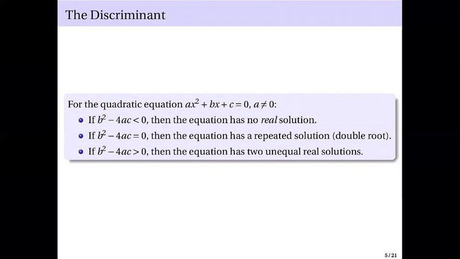So we have at least two ways of solving quadratic equations. Another way of solving the quadratic equation is via factoring. For instance, suppose we have the quadratic equation ax squared plus bx plus c equals 0. Then we look at this.